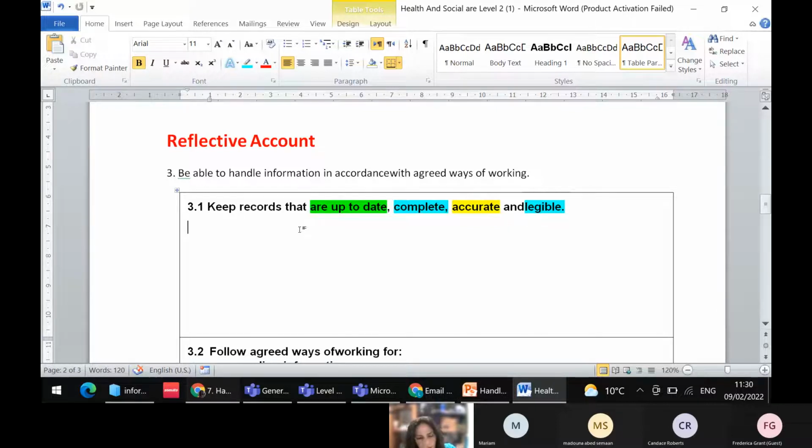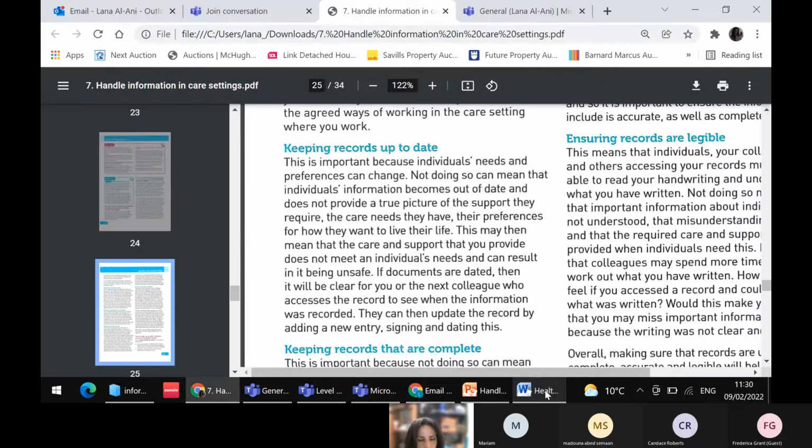As a care worker, I always try to keep records up to date in the workplace. Why? Because if I or my colleague need the information for any emergencies, we will always be able to provide accurate information about that person.